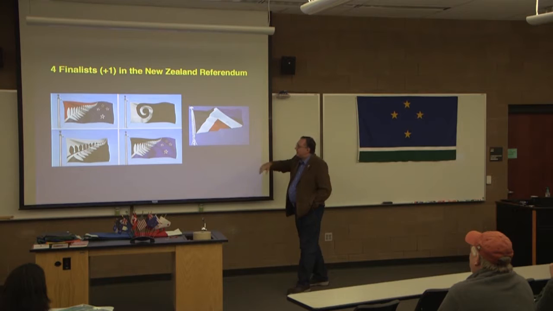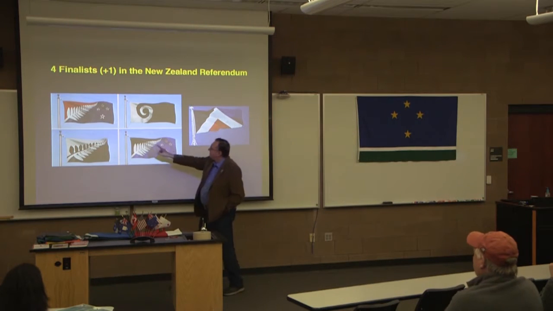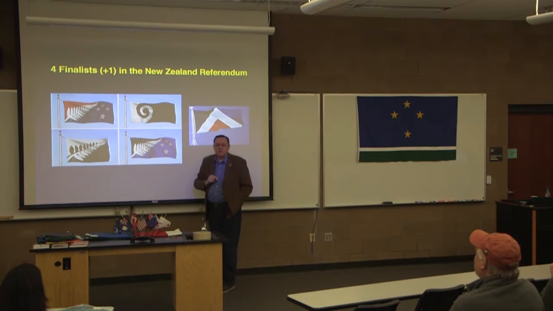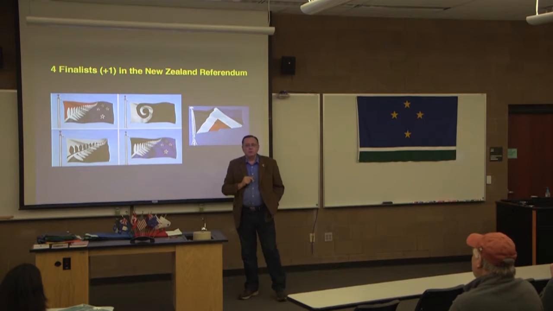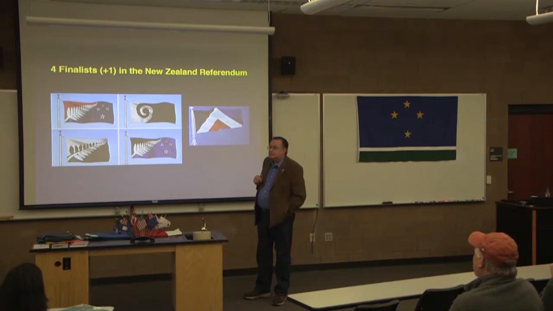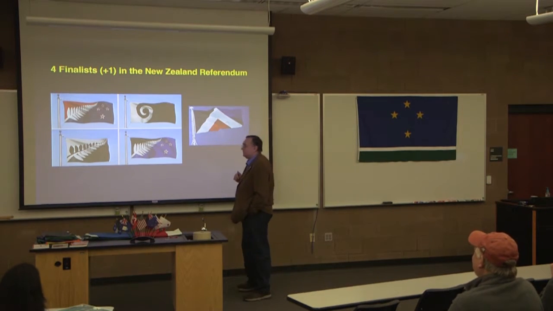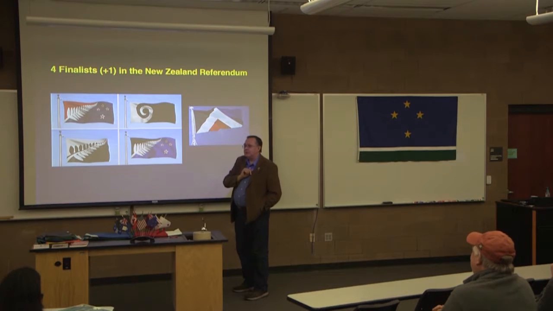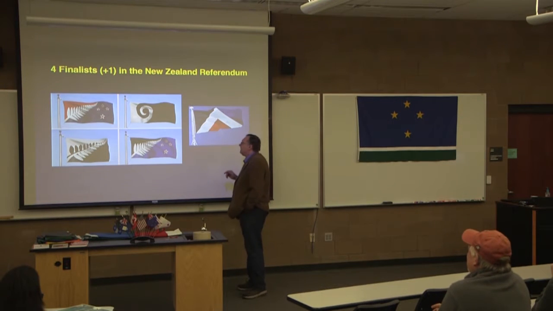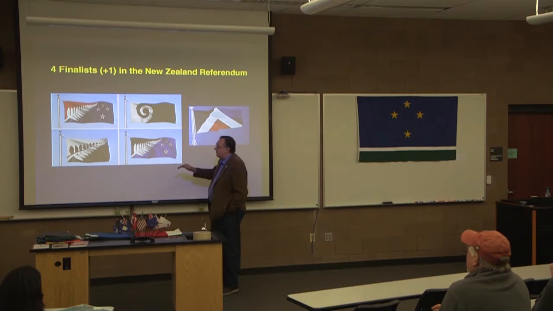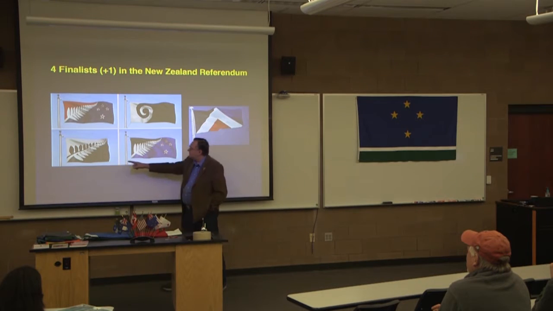Okay. Now, if you take a look at the designs, these two were designed by the same designer, Kyle Lockwood, who now lives in Australia. Well, he was from New Zealand, but he lives in Australia. And they're very similar, of course. And then there was another design by another person, and then this one here.